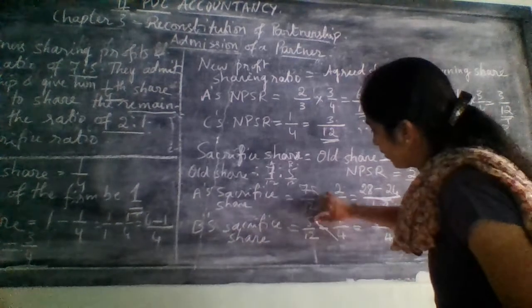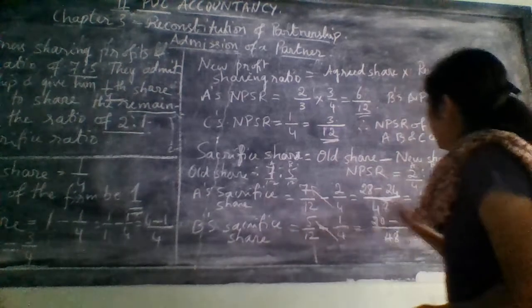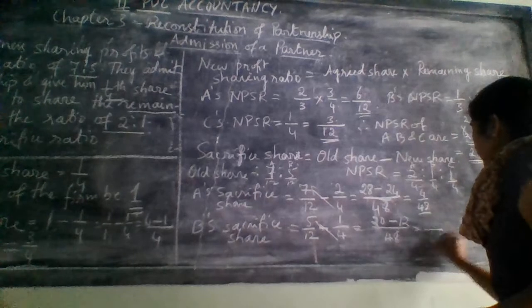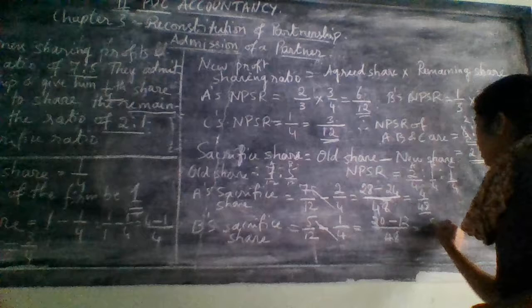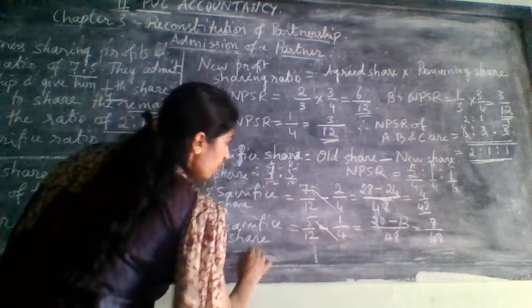Now right to left, 4 fives are 20 minus 12 ones are 12, is equal to 48. 20 minus 12, how much will it come? 8. Correct?